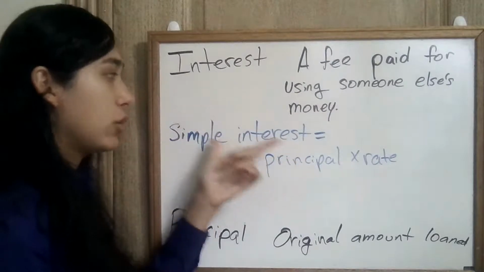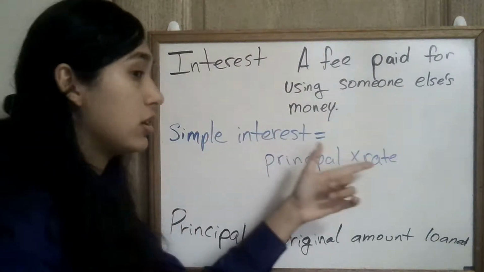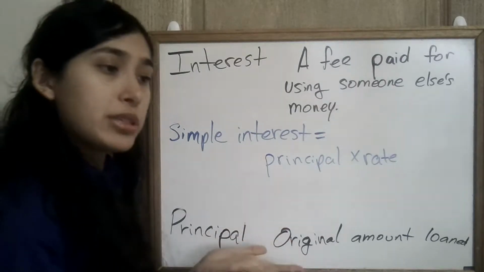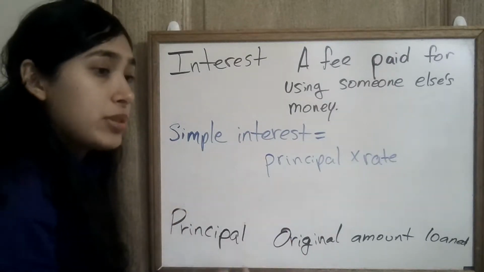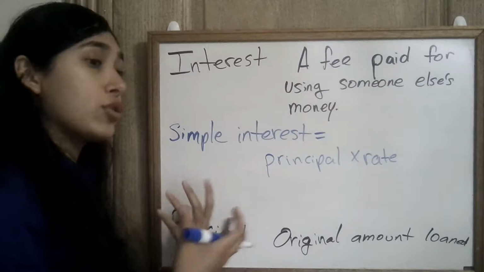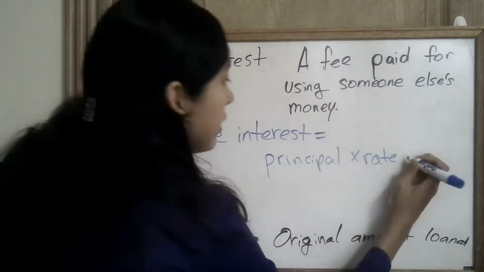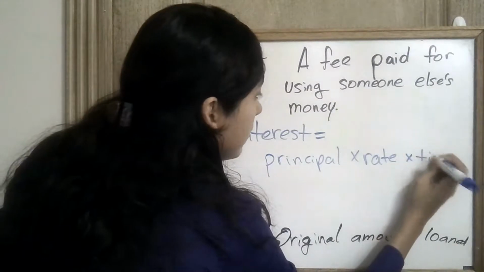Very different when I'm saying what is the interest versus the interest rate. Let's say my interest rate is 5%, but of that, my actual interest is like $200 that I owe. Very different. And also time based.